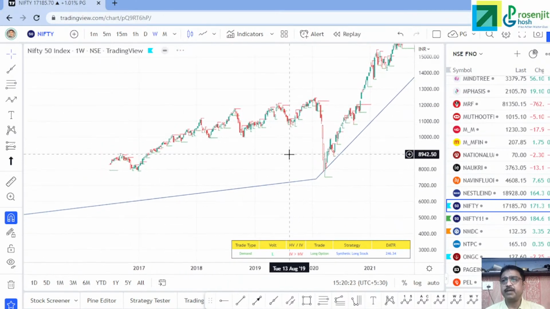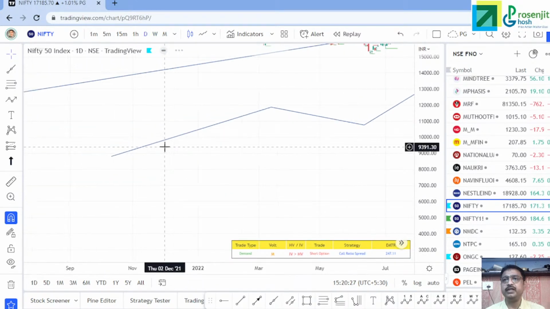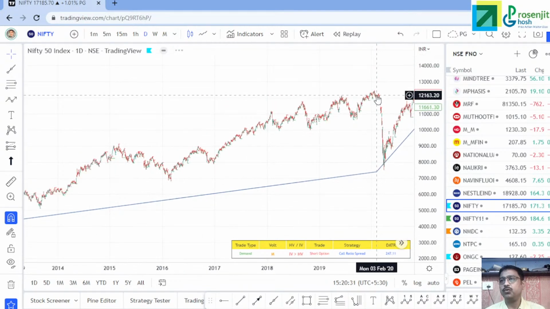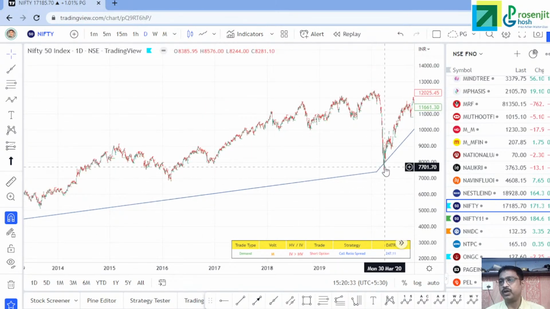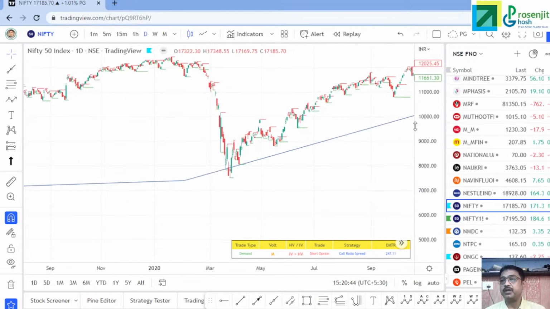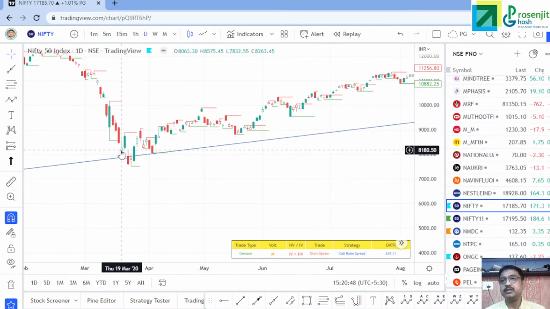One example I can give you right now. If I go to the daily chart of Nifty, look how sharply it has fallen down. This is a very steep trend, and as I said, when the trend is steep, the price changes its trend. And look how the price changed. Price was creating lower highs and lower lows.